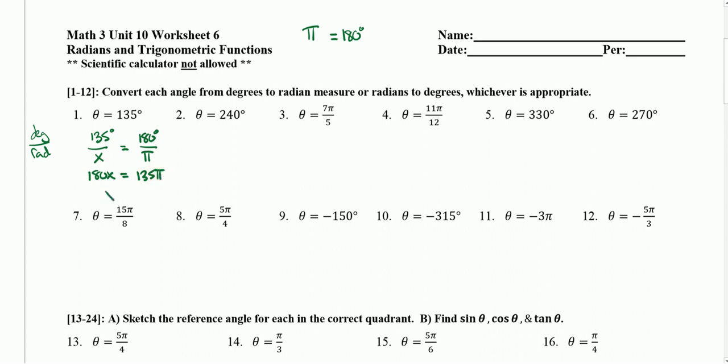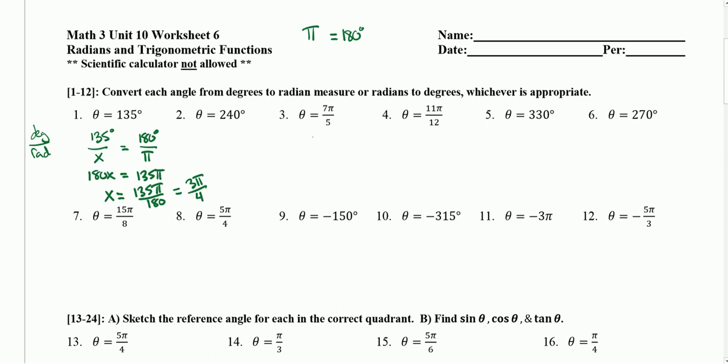Divide by 180 and you get x is 135 pi divided by 180. And then we can look to reduce this fraction. If we divide top and bottom by 45, we end up with 3 pi over 4 radians.